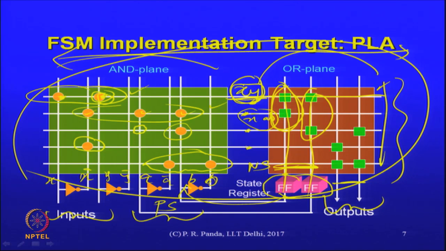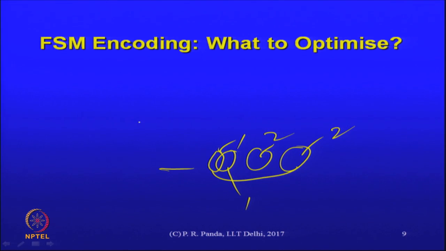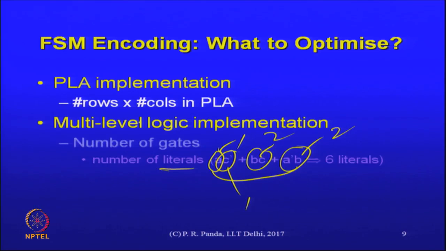So, here we do not use literal count, we would use product term count. For a given set of inputs, we can have all the product terms and min terms that we want, so that doesn't make a difference. If we increase an input, then it will make a difference. If you have an additional input, then it makes a difference because you have one more column.